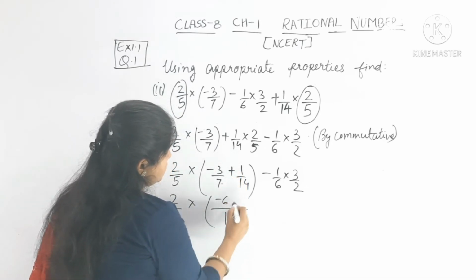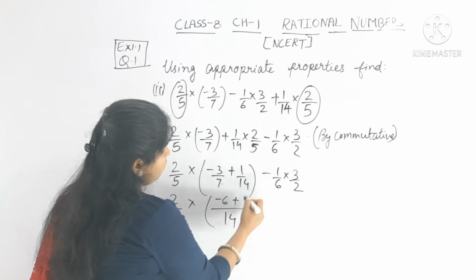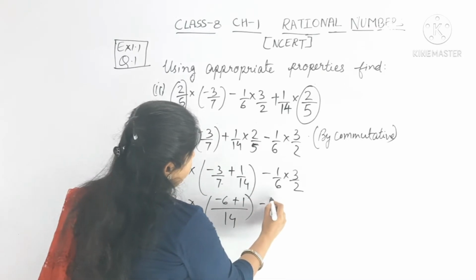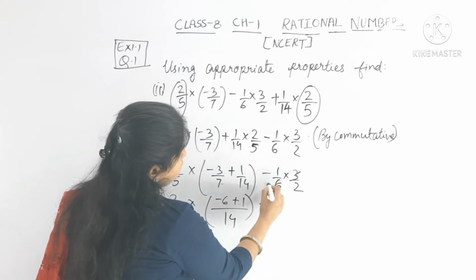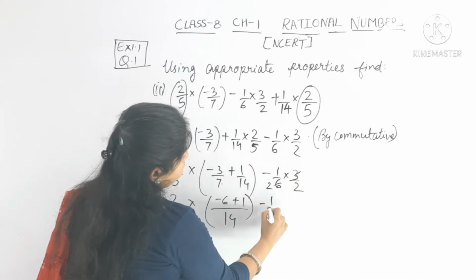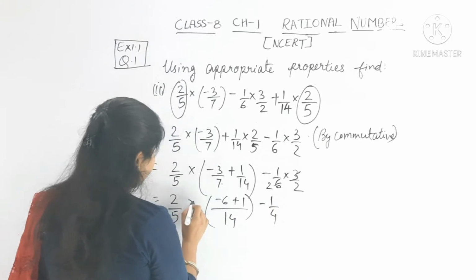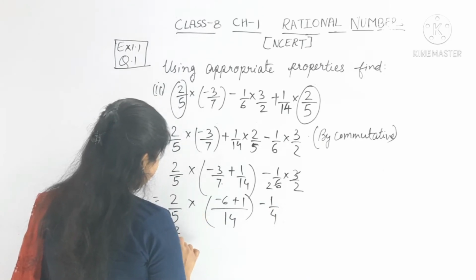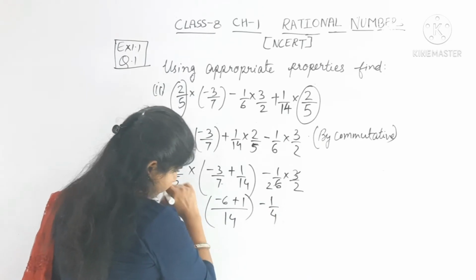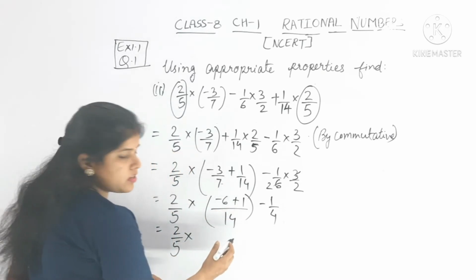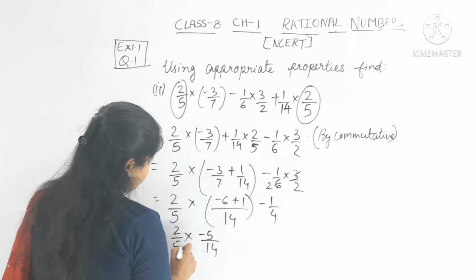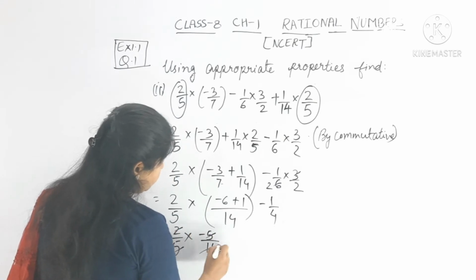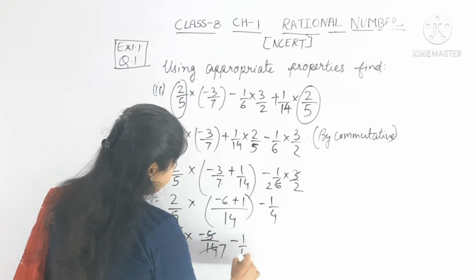So minus 6 here, and here 14 1s are 14, means plus 1. Minus, you can cut here, 3 1s are 3, 2 2s are 6. So here minus 1 by 4. I am getting 2 by 5 multiplied by minus 6 plus 1. 6 minus 1 is 5. So I am getting here minus 5 by 14. So 5 5 cancel, 2 1s are 2, 2 7s are 14, minus 1 by 4.